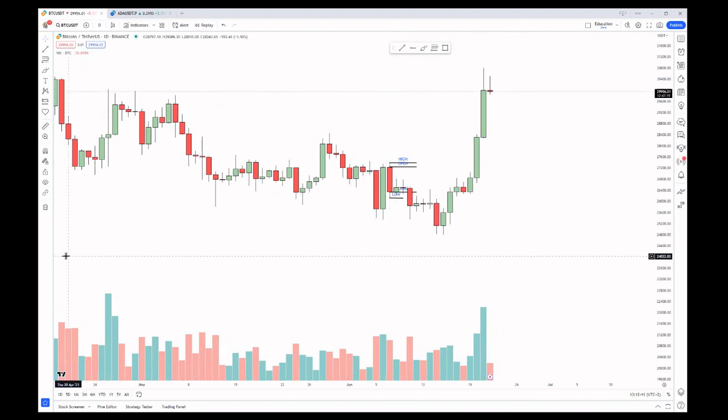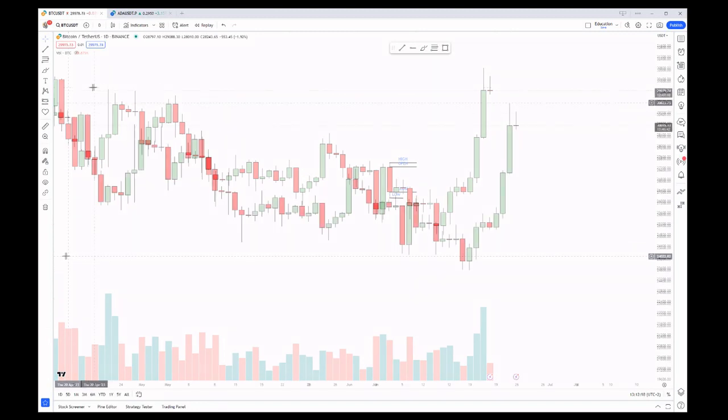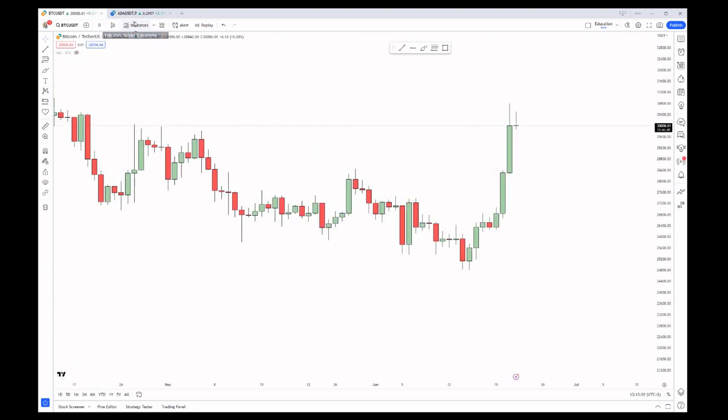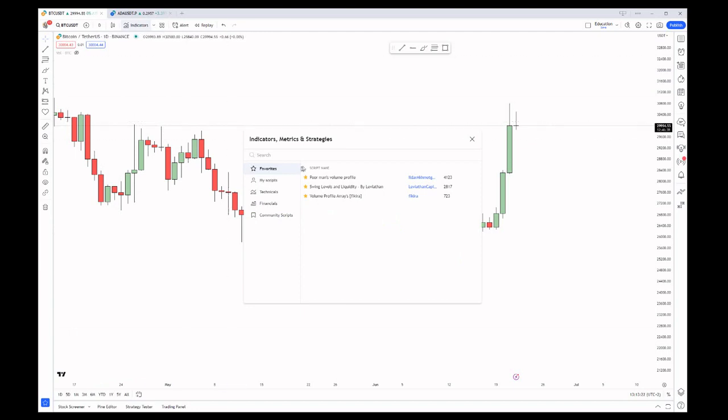I will move on now to the MA, SMA, and the EMA. These are the exponential moving average and the simple moving average. First, I'm going to add a moving average. So for anyone who's on TradingView too, you can choose indicators and look for MA.